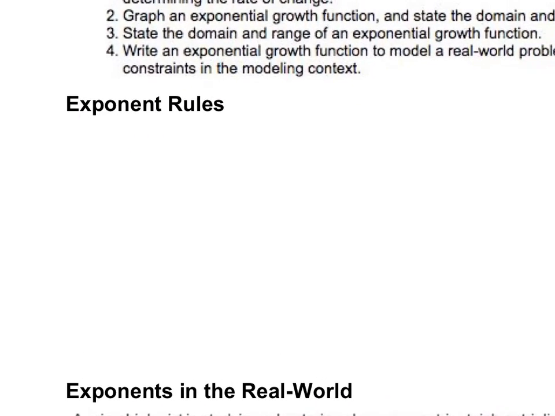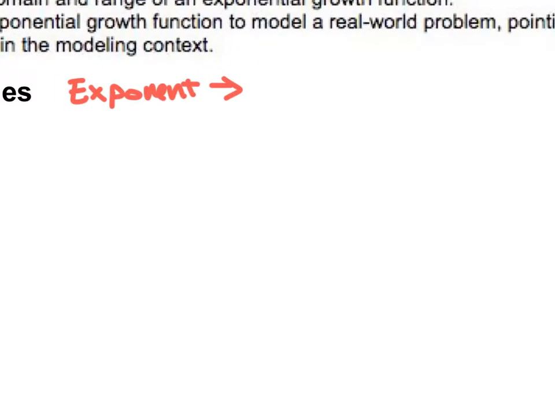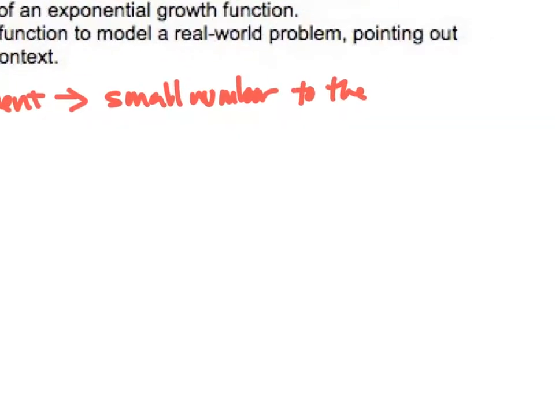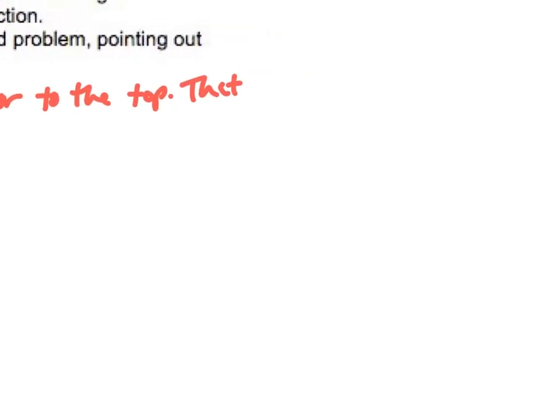Okay, so let's just talk about what an exponent is real quick. An exponent is the small number to the top right of the base that tells how many times you multiply your base by itself.